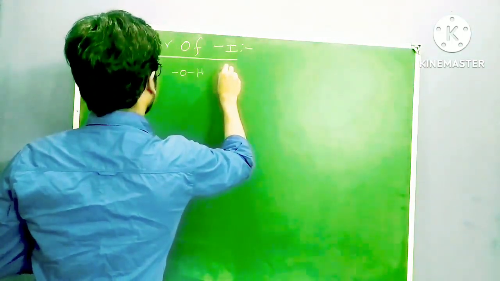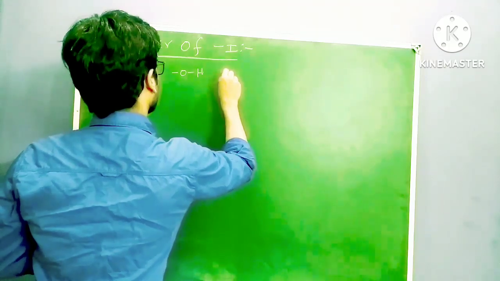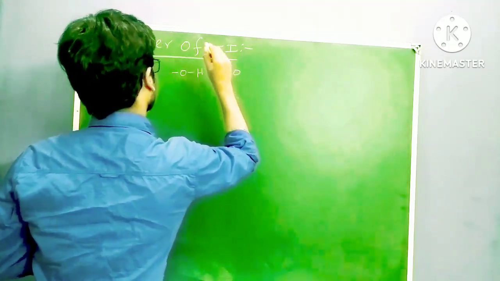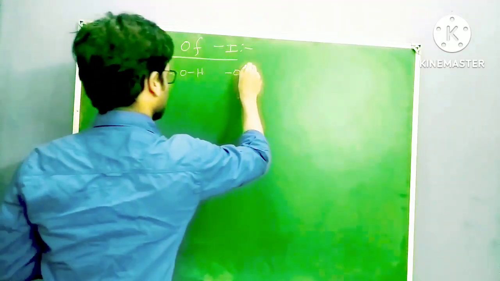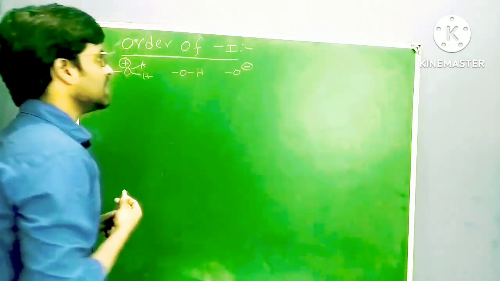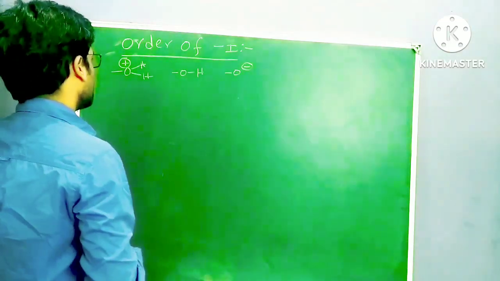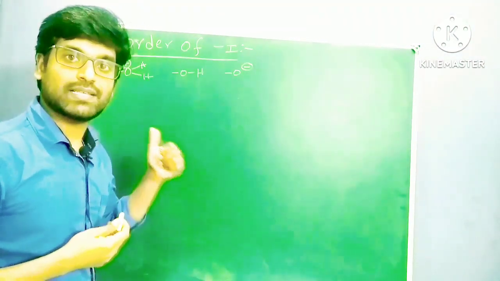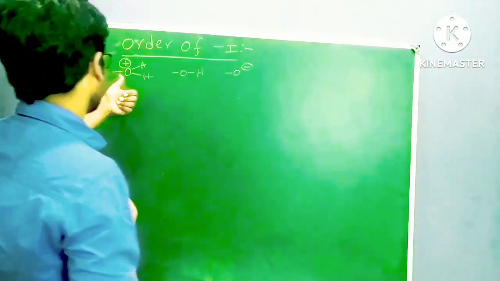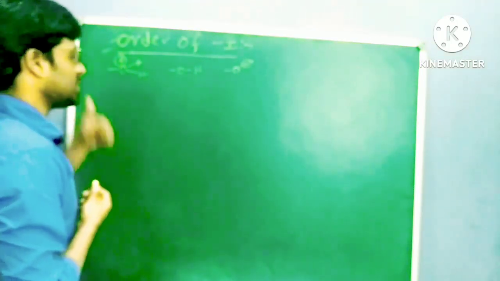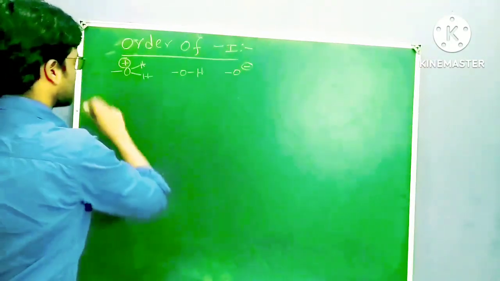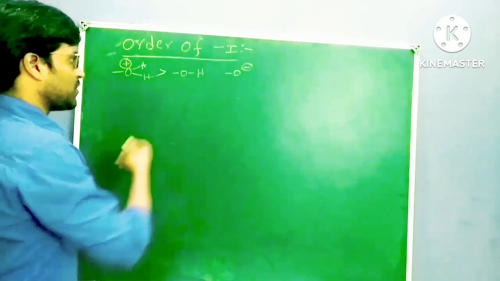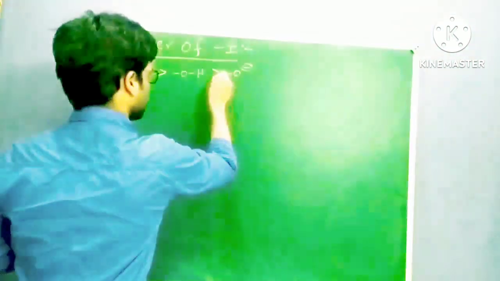Now O minus, this is another group. Now I am asking you, which group will show more minus I? Here, the group which has positive charge will show more minus I. After that neutral, after that this.